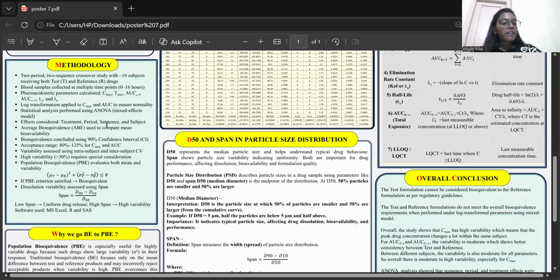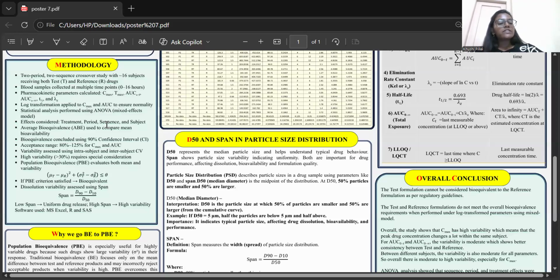And in PB, we have evaluated both mean and variability simultaneously, which is given by (mu t minus mu r) square plus sigma square t minus sigma square r, which is greater than or equal to theta. And if the PBE criterion is satisfied, we can say it is bioequivalent.